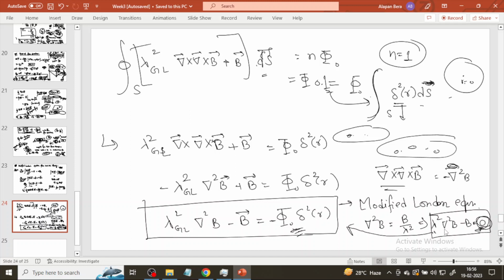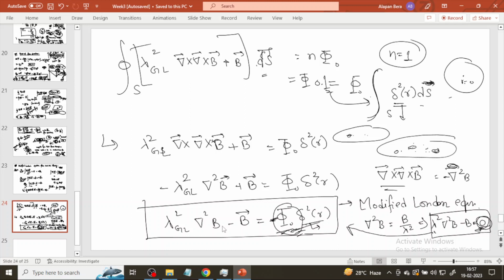But in a type 2 superconductor, above the first critical field or the lower critical field, there are some vortices inside the superconductor, and some magnetic flux inside these vortices. That is why this right hand side is not 0 anymore. It is replaced by this term, given by the flux quantum times the Dirac delta function. It basically denotes the vortices present inside the sample. Okay, so this is called our modified London's equation.